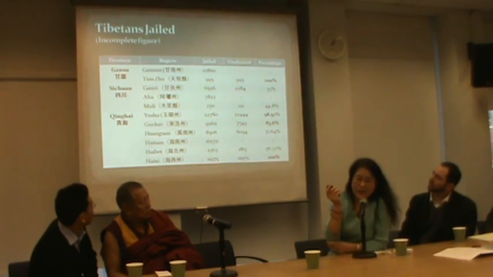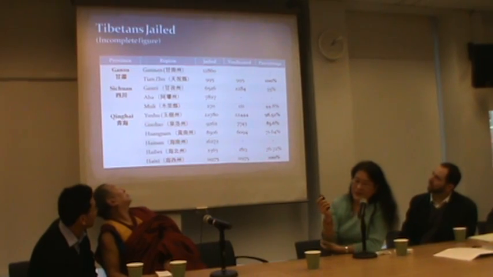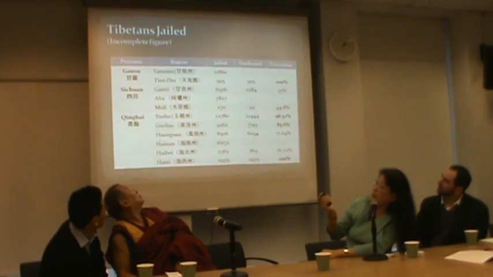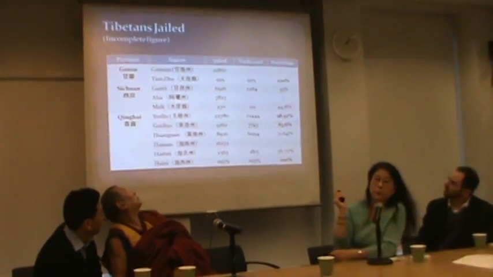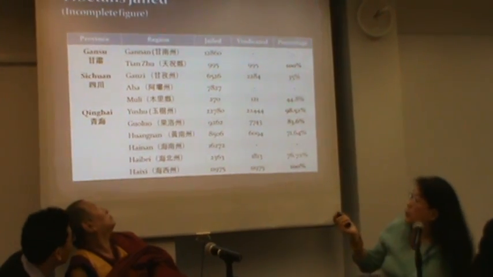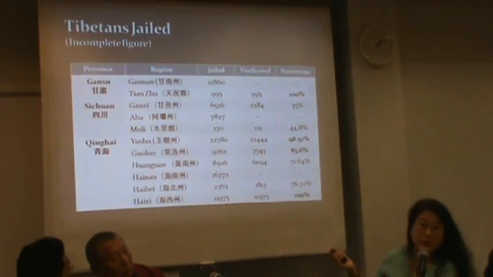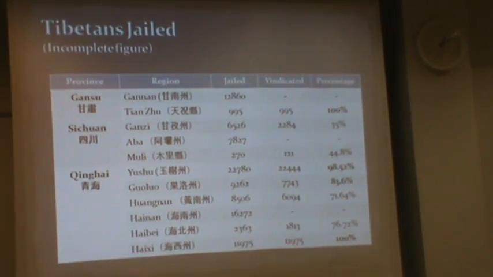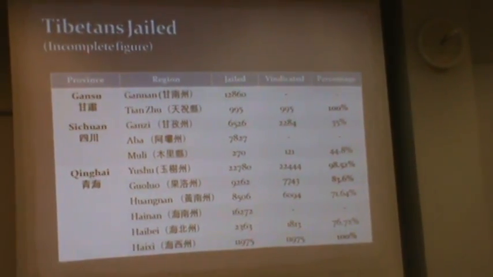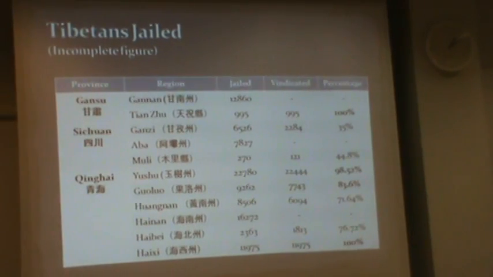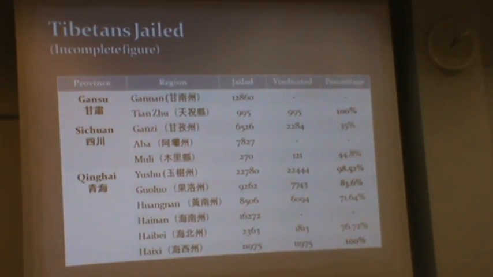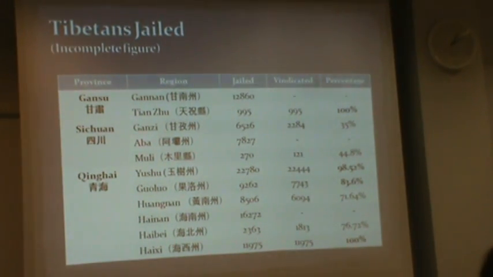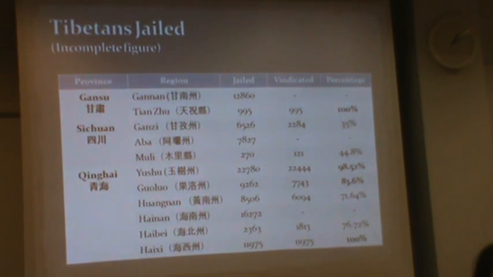Okay, not only the battleground, there are also statistics of Tibetans put in jail. This I go into much more detail. And not only by province, it's also all the Tibetan areas I can find statistics on, but I exclude Haidong, the prefecture next to Xining, close to Xining.